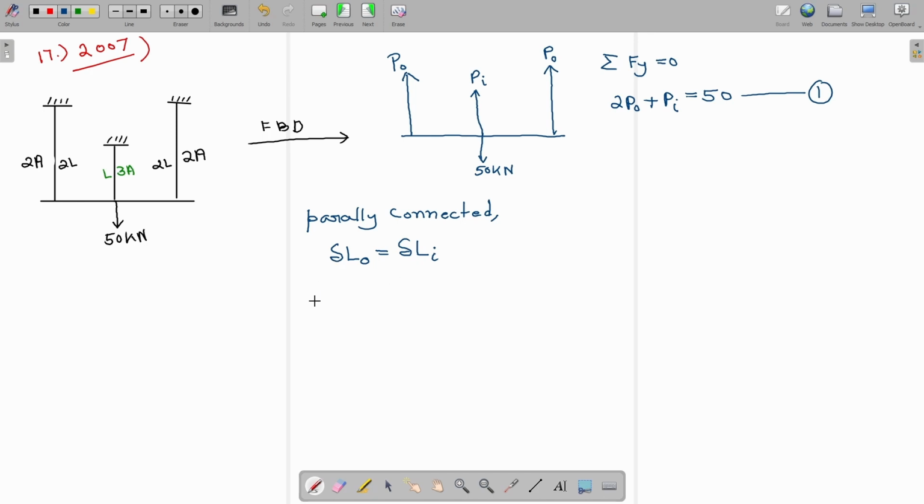So P is the force in the outer rod, PO. The length of the outer rod is 2L, by cross-sectional area 2A, into E. Here we write PI, the length is L, by 3A E.